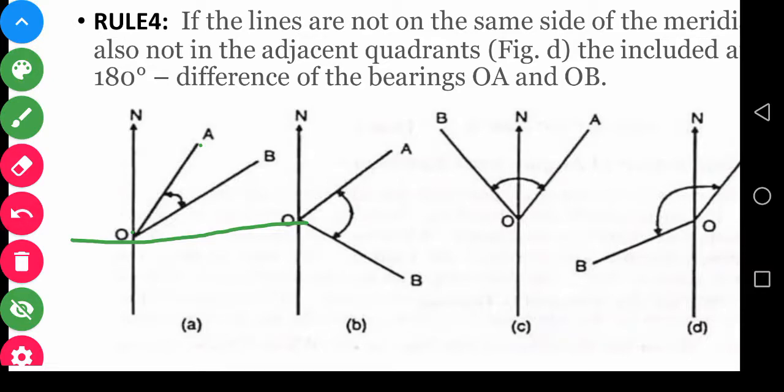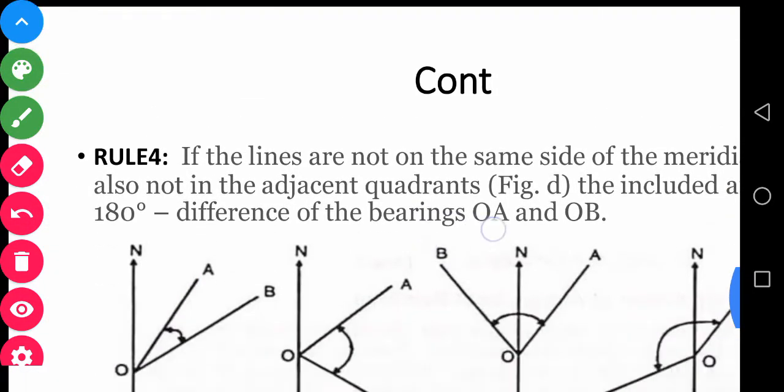Now we can easily see the bearing of the line OA will be this, and OB will be this. We can calculate the bearings of both lines. If you want to find the angle between these two lines, it is clearly the difference between these two bearings, so we can easily calculate the included angle.